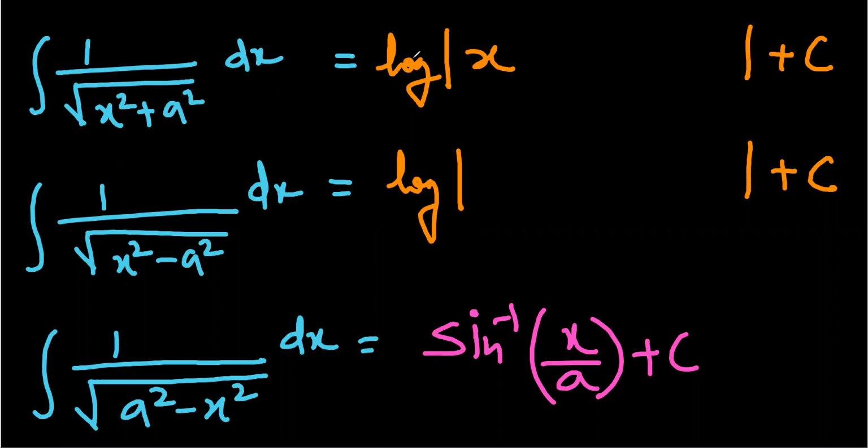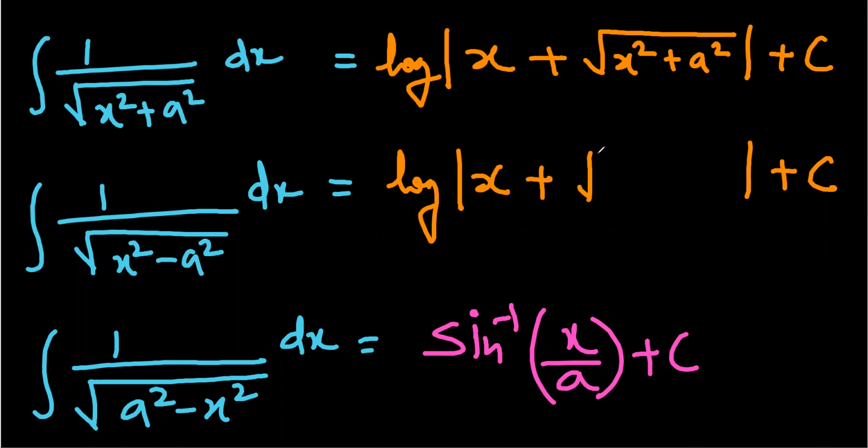So inside the mod you have x plus the square root which you have in the denominator, as it is. See how simple it is. x plus square root of x square plus a square. And here also x plus the square root in the denominator as it is, so x square minus a square. Very simple, students.